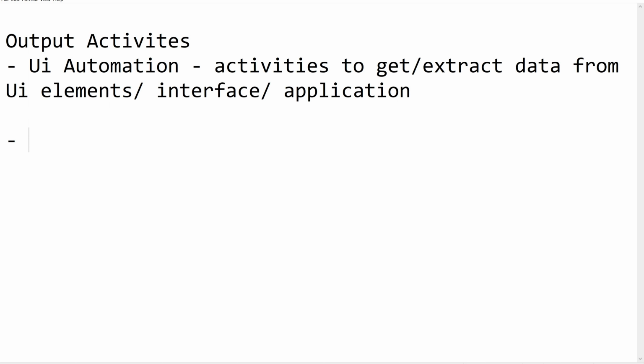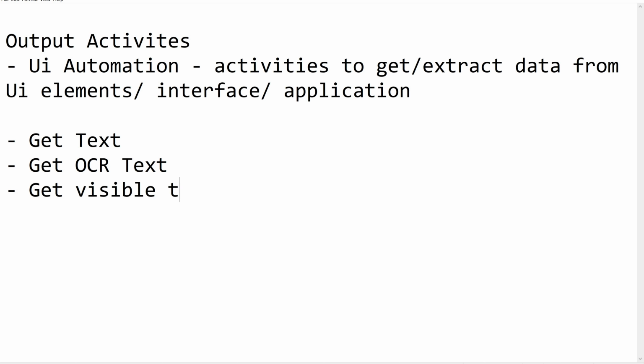Now let us see what the output activities are. First, get text. When we are getting some text, we use get text, get OCR text. There are multiple get text activities. Next, get visible text, and get full text.